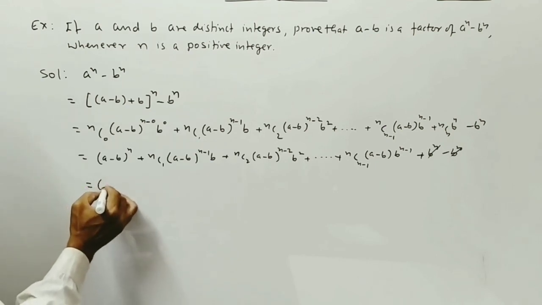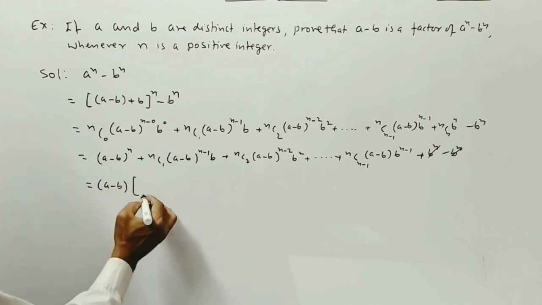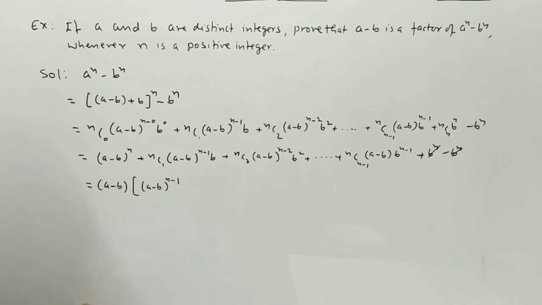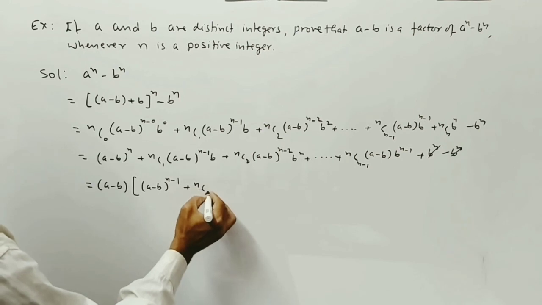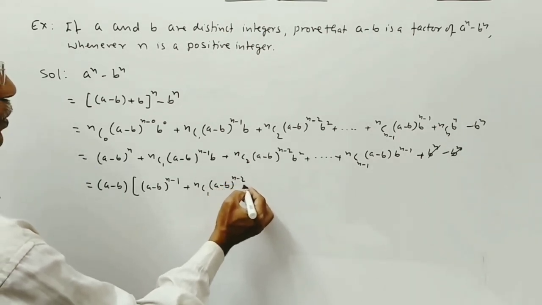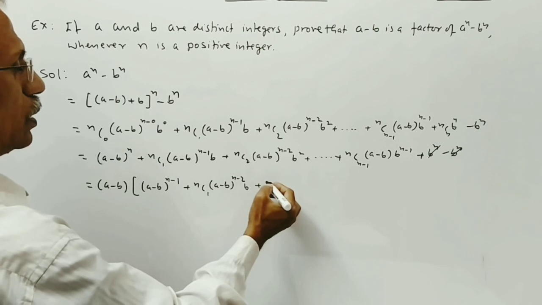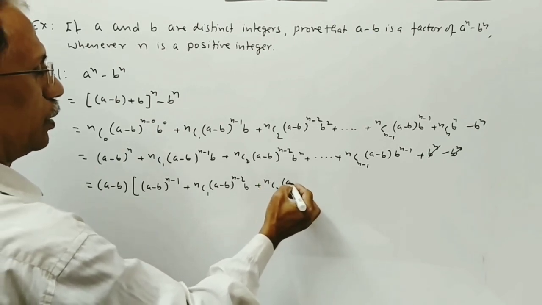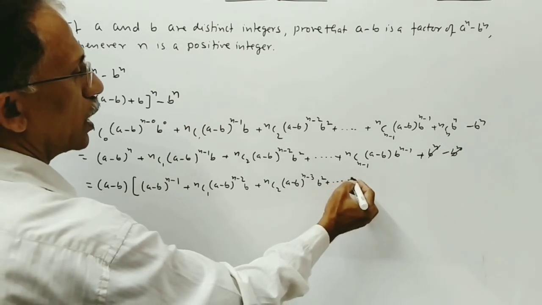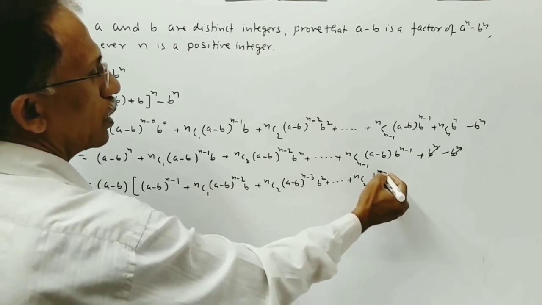This is equal to, when you take (a minus b) common from all the terms, we get (a minus b) into [(a minus b) whole raised to the power n minus 1, plus nC1 into (a minus b) whole raised to the power n minus 2 into b, plus nC2 into (a minus b) whole raised to the power n minus 3 into b square, plus and so on, plus nC(n minus 1) into b raised to the power n minus 1].